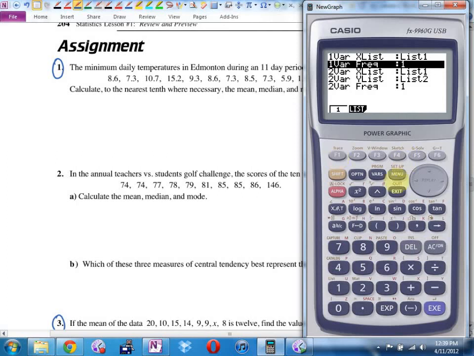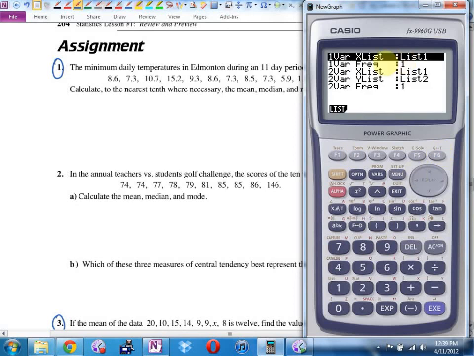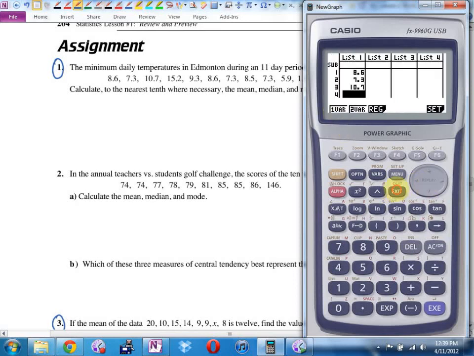So I would go really quickly: exit, delete all, yes, delete all, yes. If I was doing number 1, I would go 8.6, 7.3, 10.7, etc. Then when I went calc, I would go set, there's only 1 of everything. Does that make sense? That's why they have that option there for frequency, the little 1 appears there as an option.